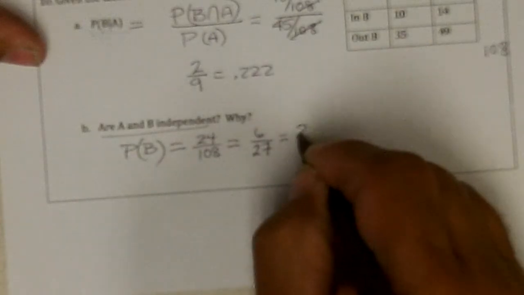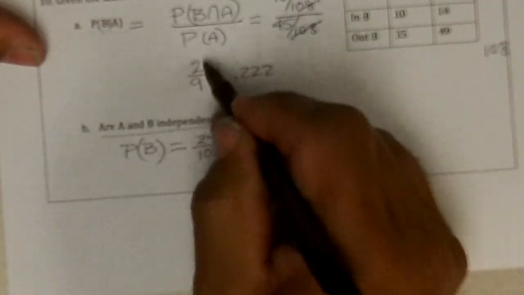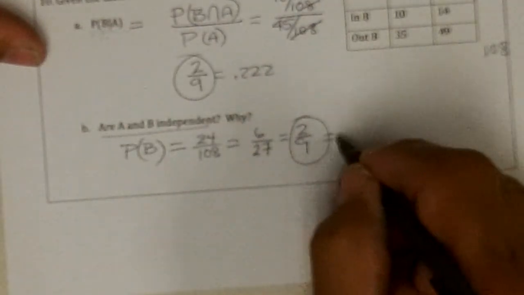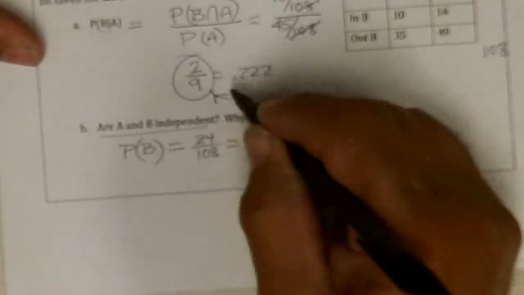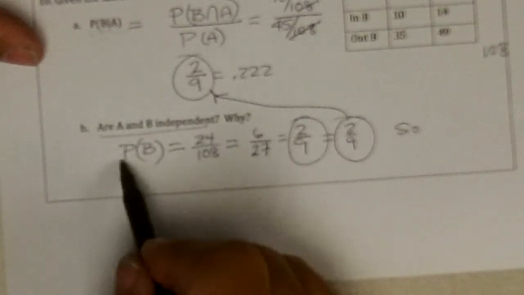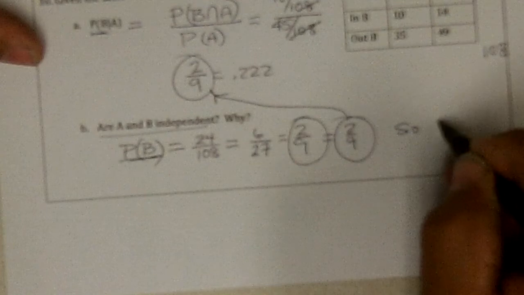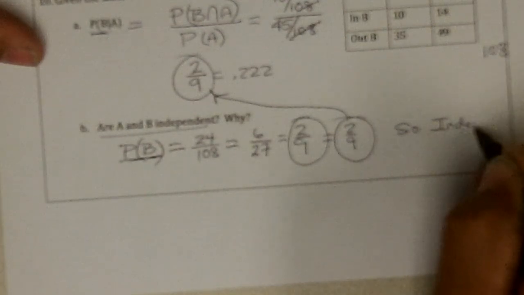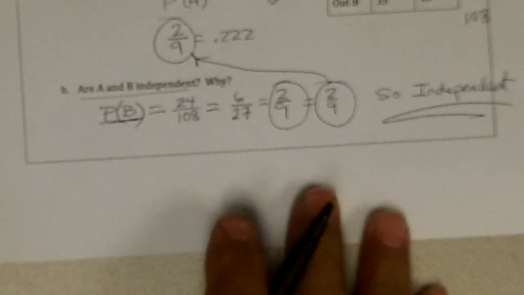That would be 2/9. Same value. So, since the probability of B didn't change, these are independent. Okay? And that's our sample test.